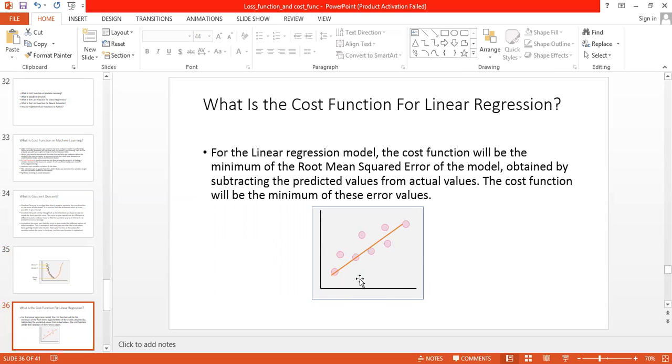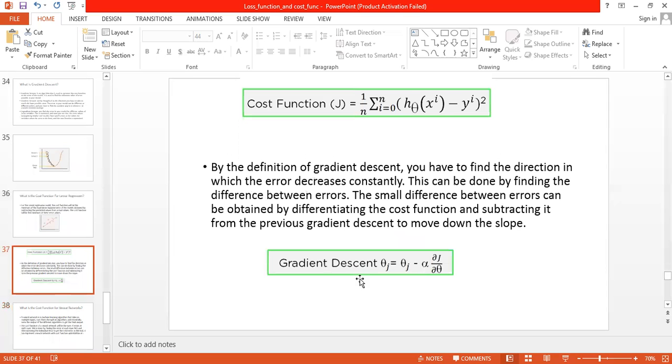So this is what we are doing in the case of linear regression, and we are calculating that error by root mean square value, and we are trying to minimize that value. Okay, and here also when we apply gradient descent, it will decrease our error constantly.